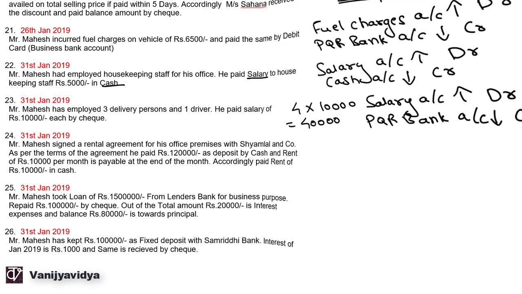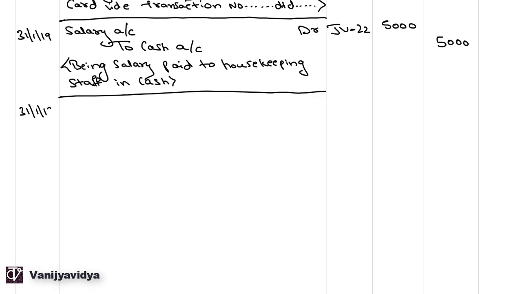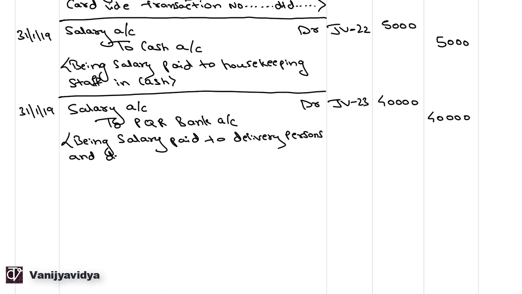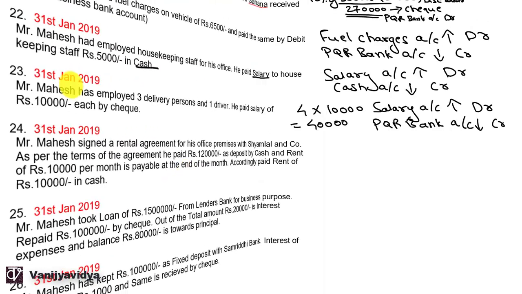Let's pass this entry. 31st Jan 2019, salary account debit 40,000 to PQR bank account 40,000, JV 23, being salary paid to delivery persons and a driver, via check numbers 1, 2, 3, 4. You have to specify all the 4 check numbers, dated so and so. Now let's move on to the next transaction.